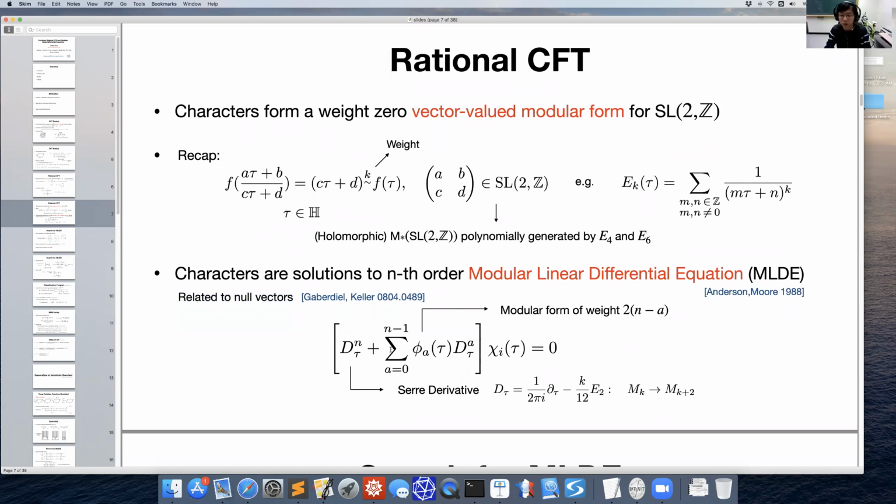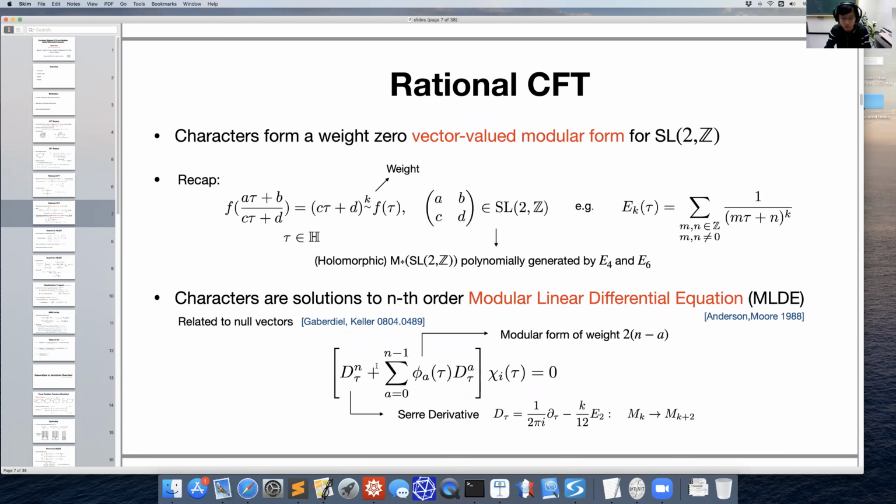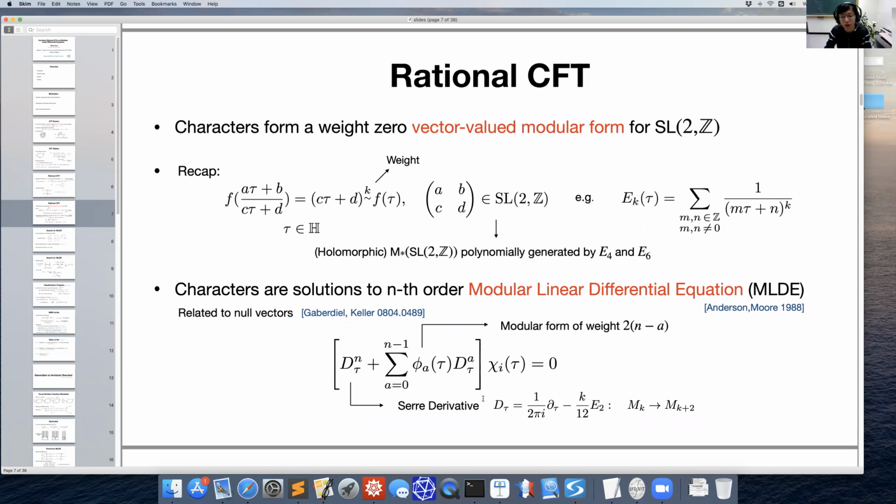I'm sure everyone is familiar with ordinary differential equations. Here, the modular just means that we also want to preserve modularity. Here, the D tau is a so-called Serre derivative, which is basically a derivative in tau, but we need to add another term, k over 12 times E2. E2 is the case where k equals 2, but E2 is not a modular form, it's only a quasi-modular form.